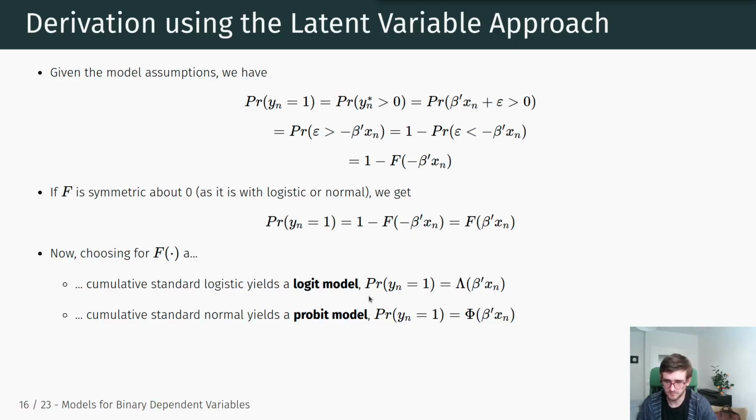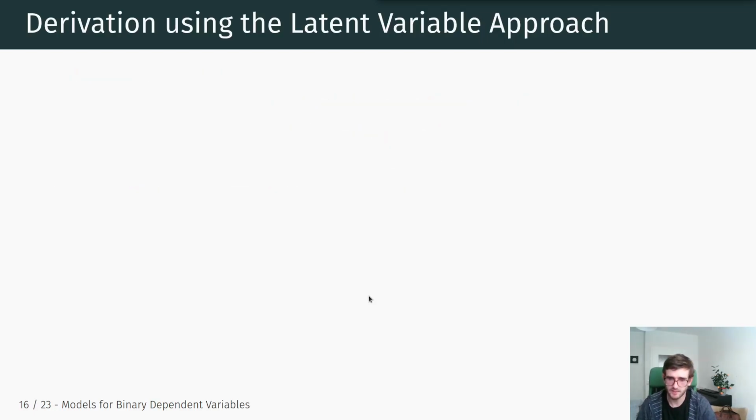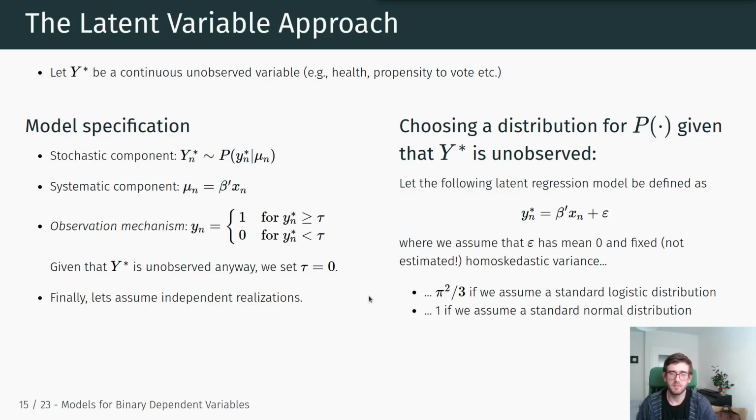Okay, so I went through these fairly quickly. The point here is that just by thinking about modeling this probability based on an underlying latent construct, and then making certain identifying assumptions about the distribution of this underlying latent variable, we can compute the probabilities of observing a 1, conditional on our x's and our betas.